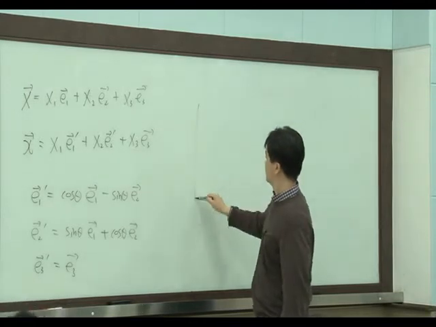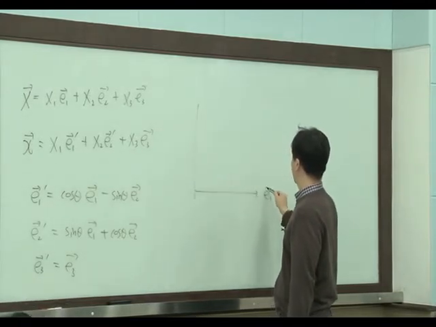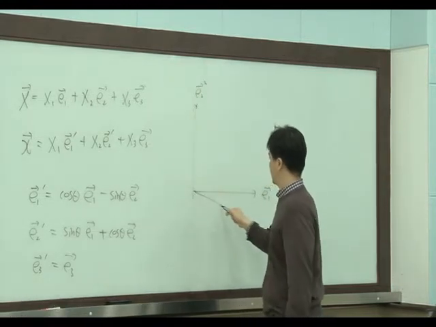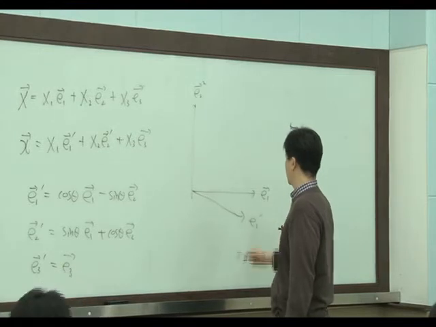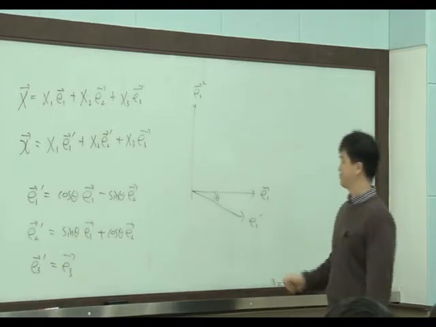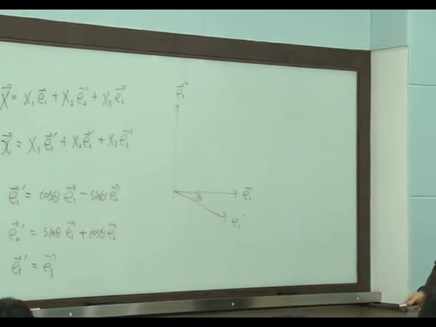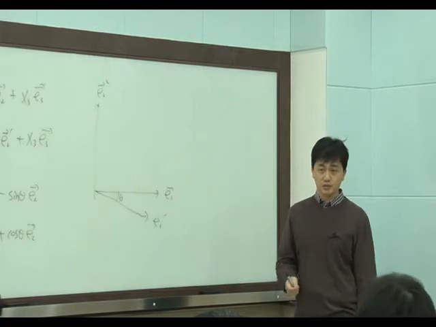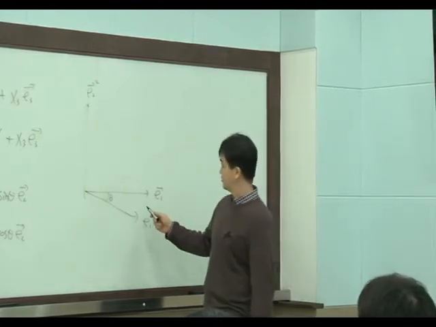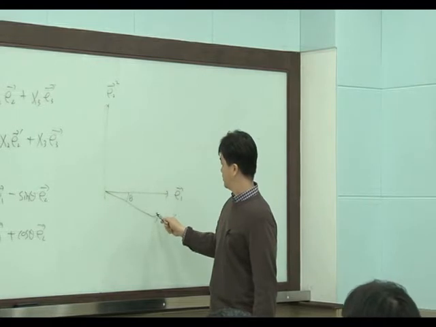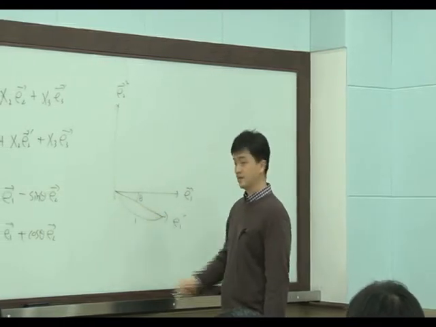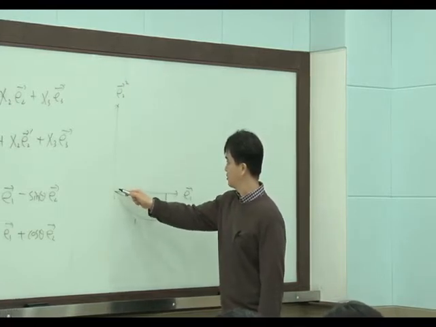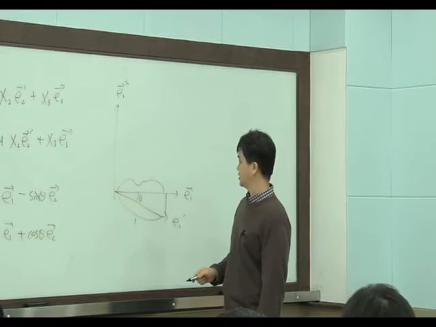Okay, so for example, E1, E2, and this is E1 dash and zeta. All the base vectors have unit magnitude 1, right? So it has length 1, and zeta. What's this amount of distance?